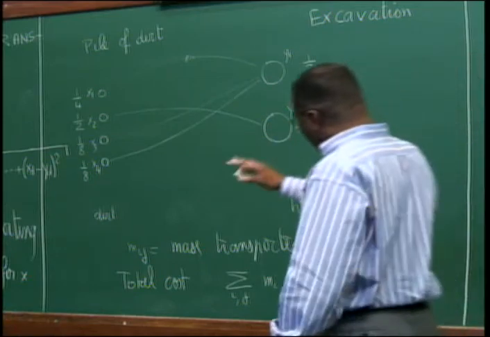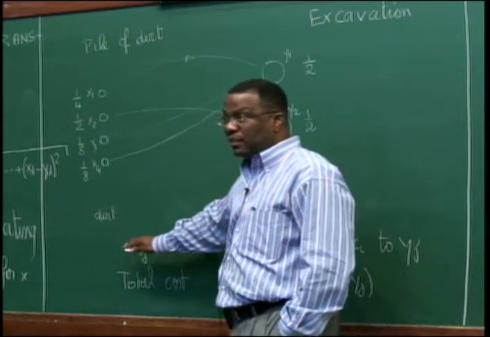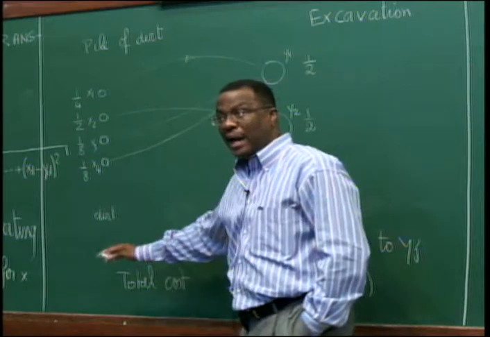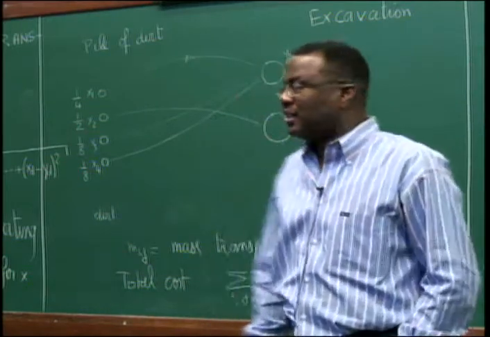So the strategy of transport is completely determined by the way I choose m_ij.